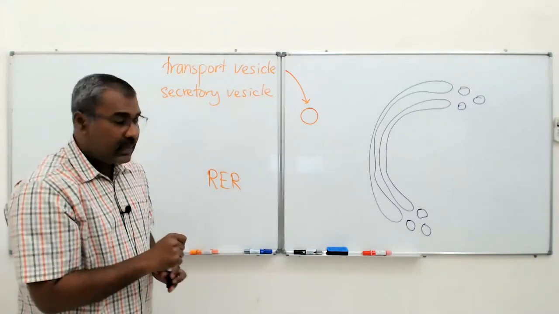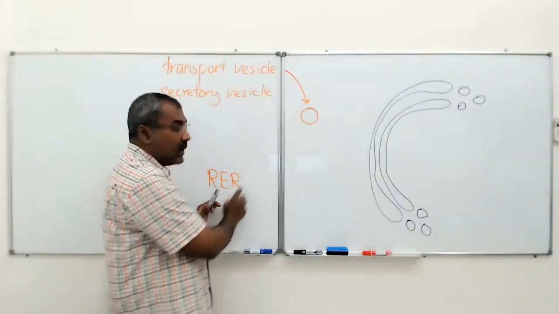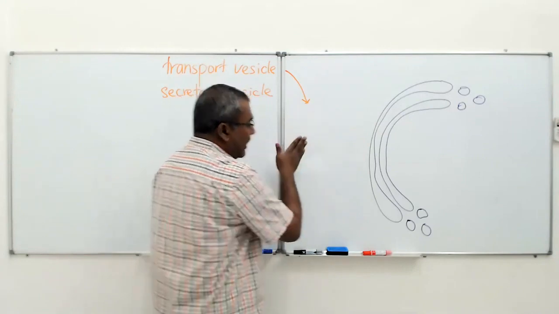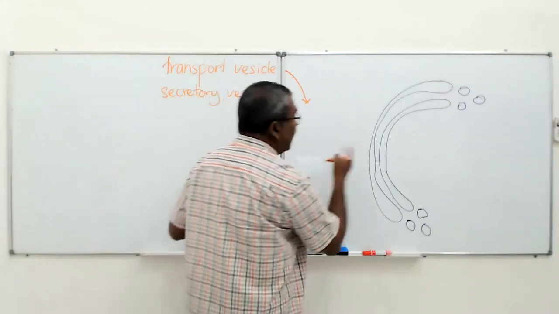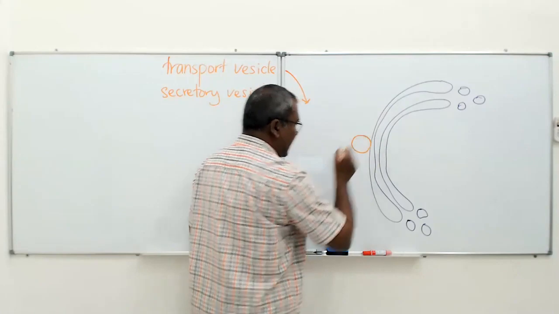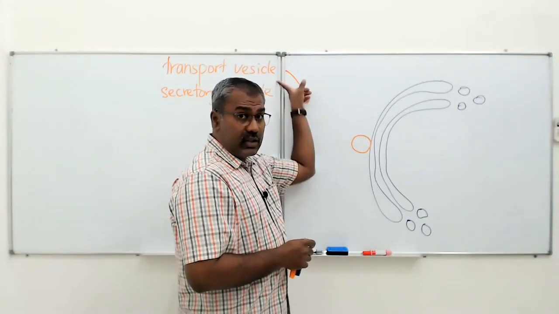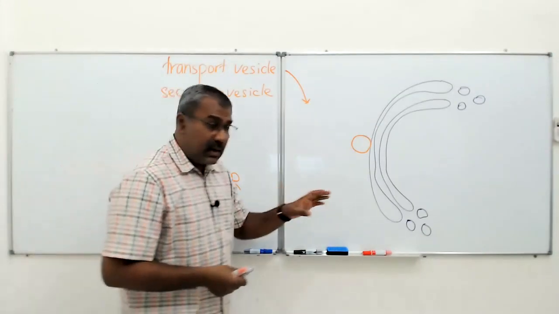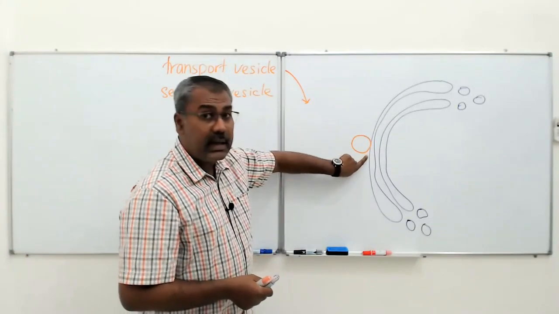So, this vesicle daripada RER akan bergerak ke Golgi apparatus. Bila sampai ke Golgi apparatus, dia akan bercantum dengan membrane Golgi apparatus. Ingat, ini adalah transport vesicle yang datang daripada RER.